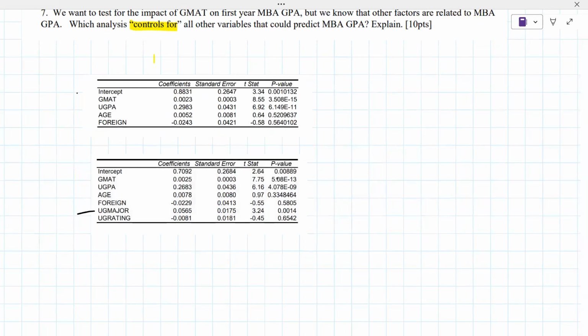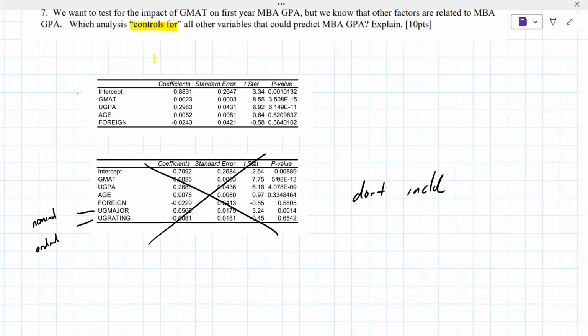We now know that UG major and UG rating are nominal and ordinal variables, and these are not included in regression. You need to code them, which I don't know if that was done. That might be a question, but you don't include them in the regression. That's part of the answer, the first answer.